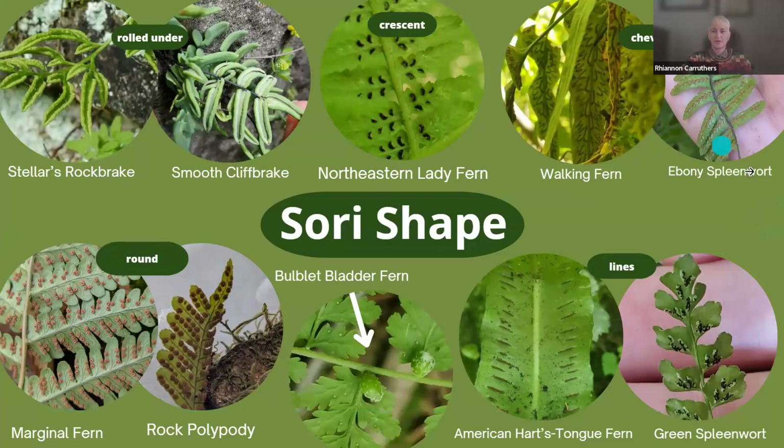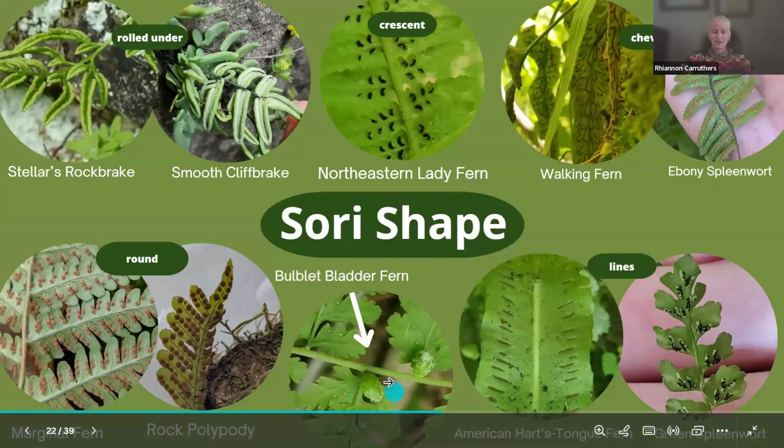The ebony spleenwort, I was very excited when I found this one because I'd heard it described as the chevron, but actually seeing it was really exciting. And there's another fern, bulblet bladder fern, that has these little tiny bulbs that are a form of asexual reproduction. Those can break off and form a new fern.